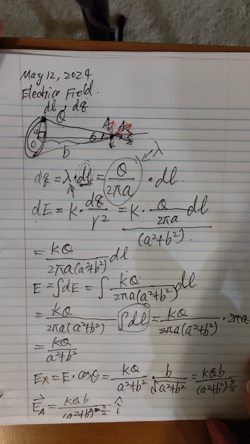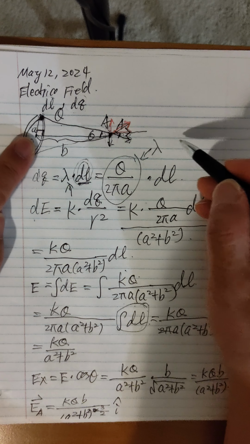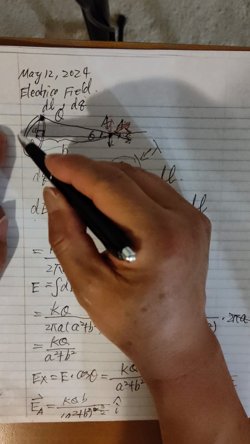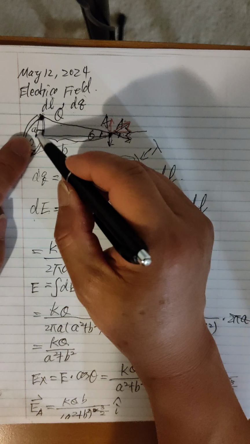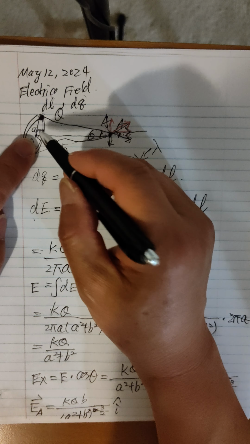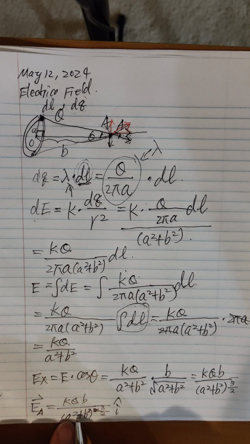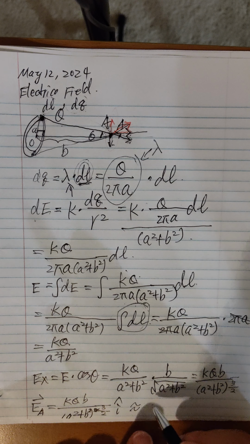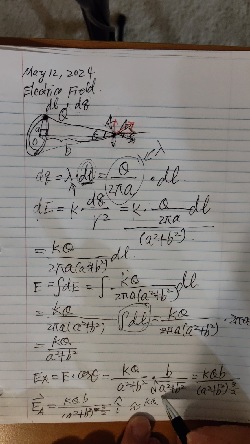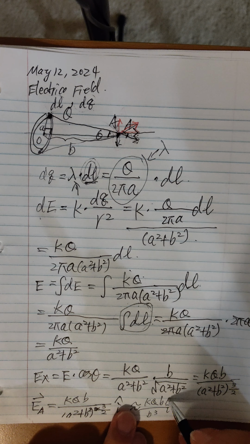One quick thing I want to remind you guys: what if b is so far away from the origin that the whole thing can be viewed as a point charge, right? In other words, the radius a shrinks to 0. If a is approximately 0 and b is very large, the expression can be approximately written as kqb over b cubed in the i direction.